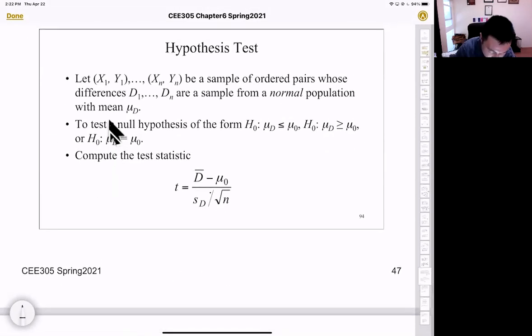So for pair data, we have x1, y1 in a single sample.